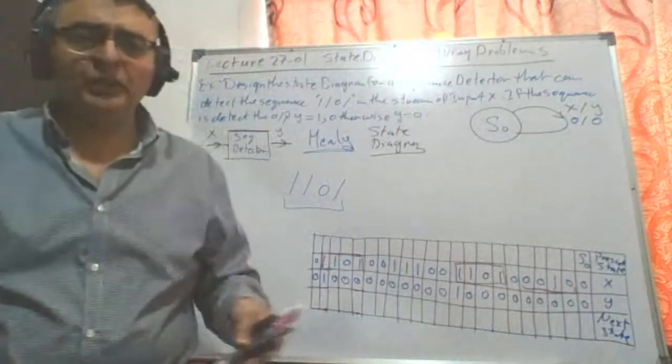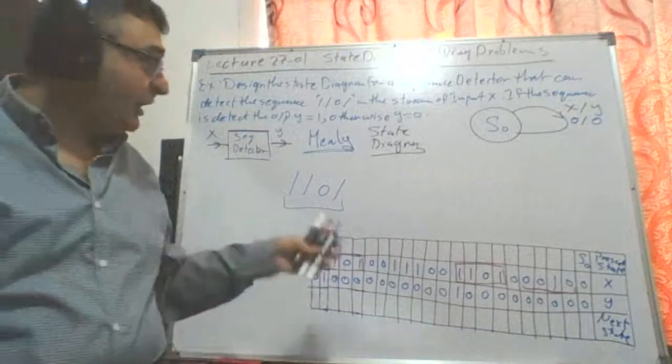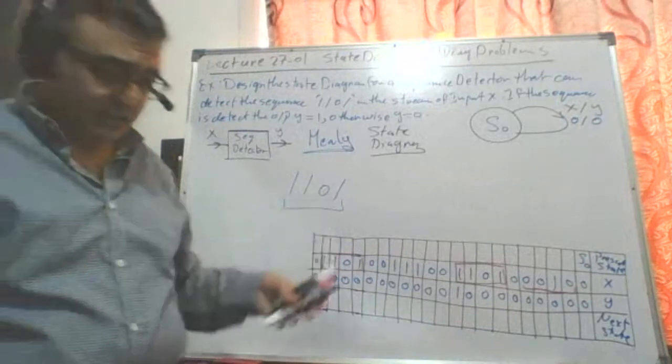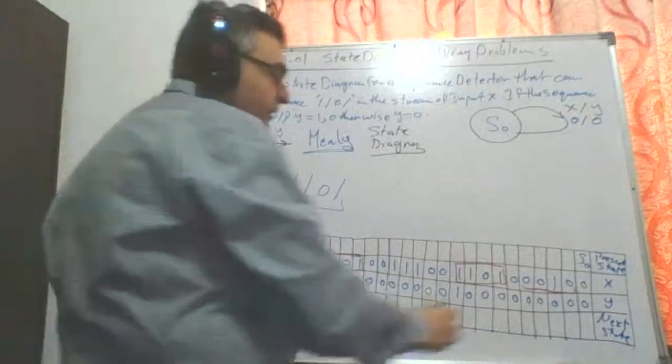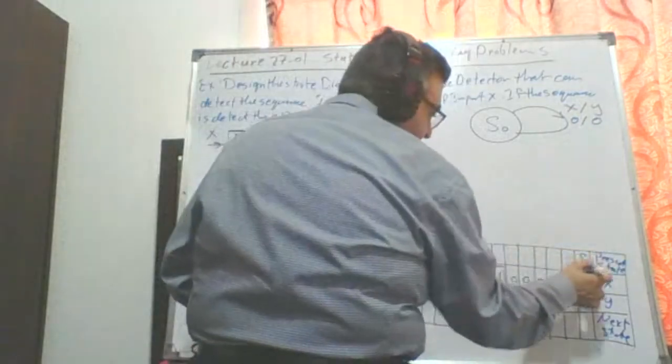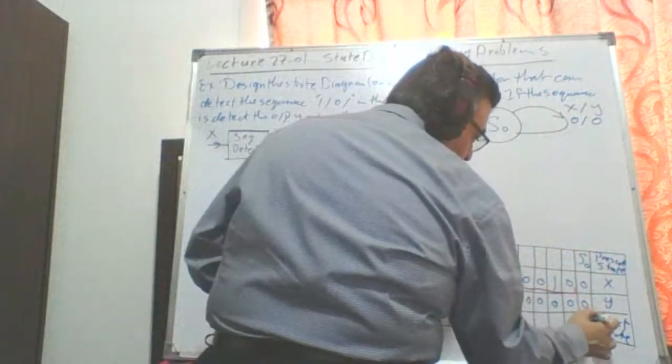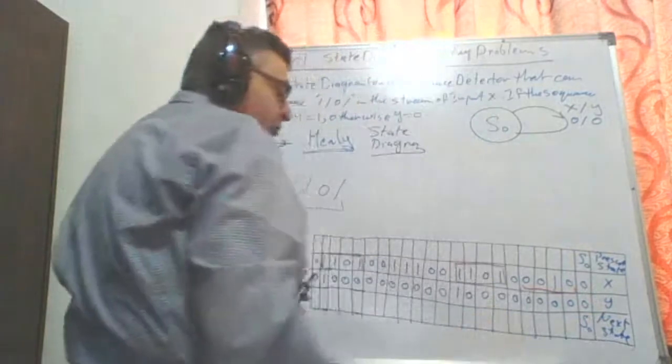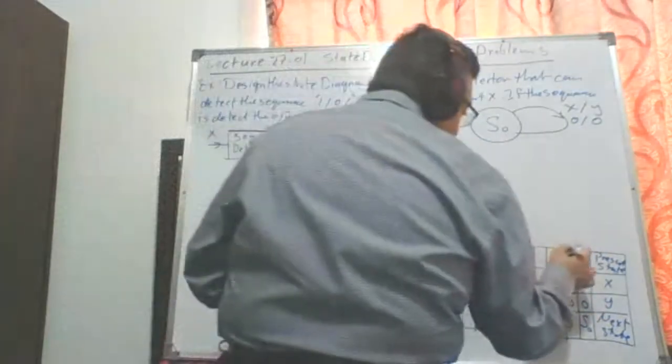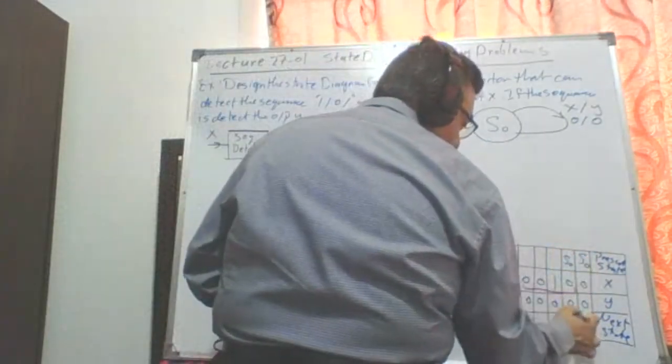There is no need for me to remember anything because I can never receive the sequence. If my present state is S0, I will produce 0, and the next state will also be S0.